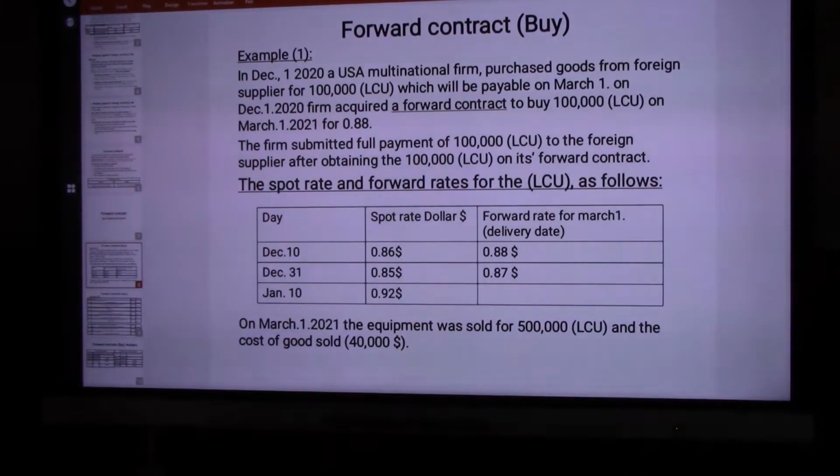What was the agreement? I will first receive payment from the forward contract and then use it to pay for purchases, or pay the supplier. So the first thing I take the money from the forward contract and pay the supplier with it. So first I must record the receipt of the forward contract.